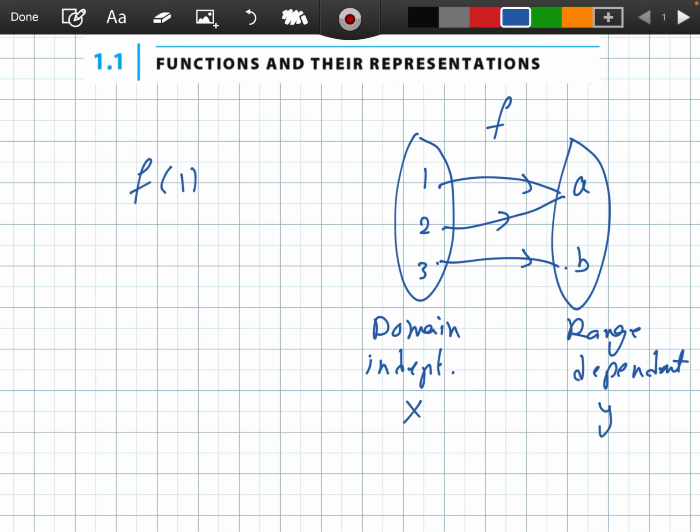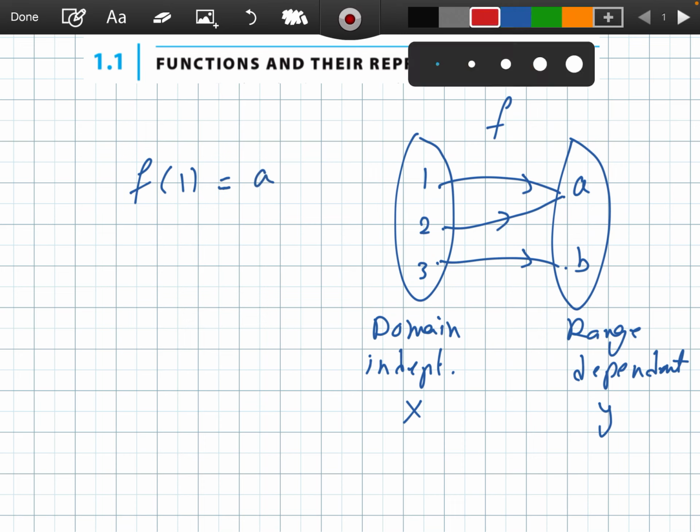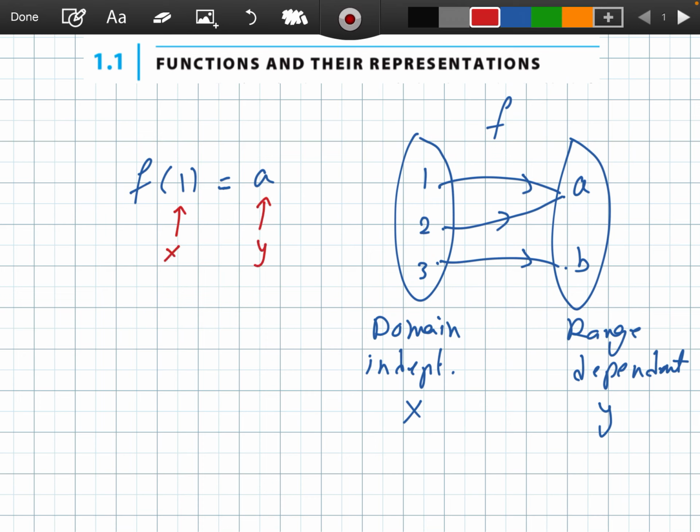If I want to find f of 1, meaning the element 1 is paired to which element in the second set, that's A. It's very important to note that this element is in X and this element is in Y. If you have an element in the set A that is not paired with any element, then this is not a function.